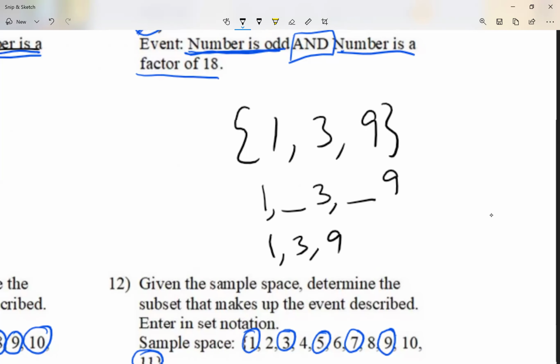My system, the way I created my homework, will accept either choice. So either don't do spaces at all, just 1, comma, 3, comma, 9, or a space only after the comma. So 1, comma, space, 3, comma, space, 9. Only after the comma. It's up to you.